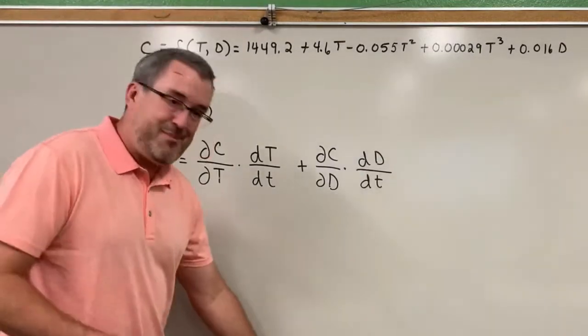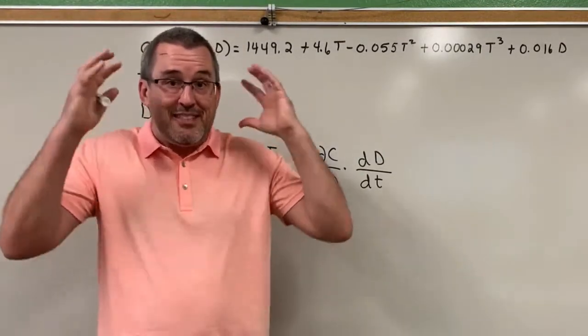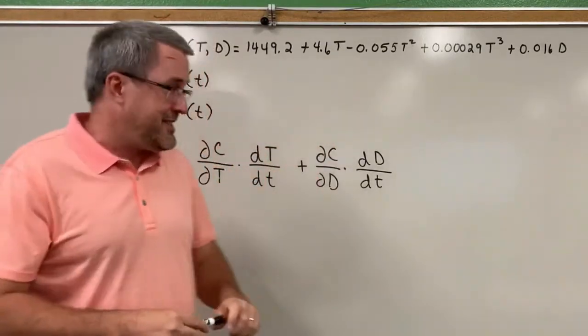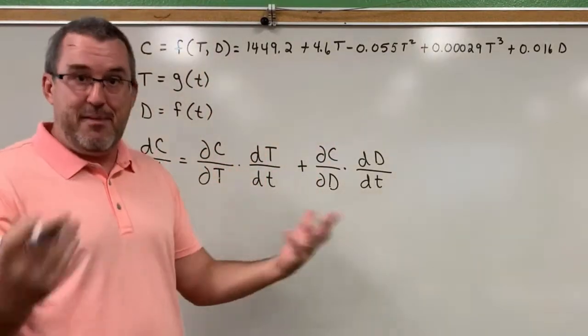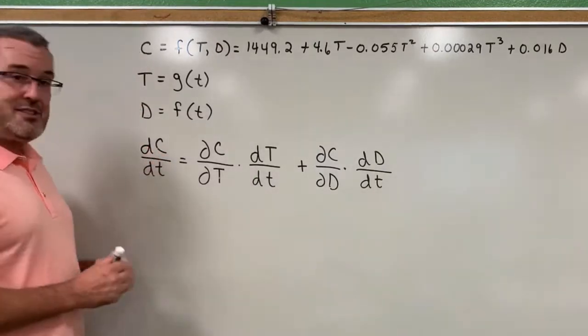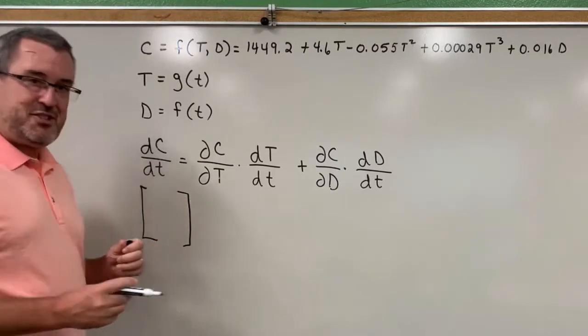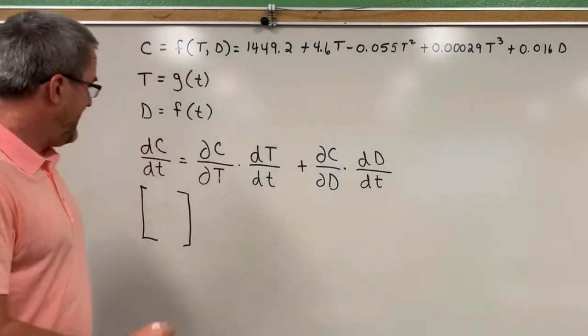Now, before we get into the details of the computation, I just want you to make sense of the chain rule. Why does this make sense? And the way we're going to make some sense of it is just by tracking the units. Let's start with dC/dt. I'm just going to use brackets to help organize my thinking here.